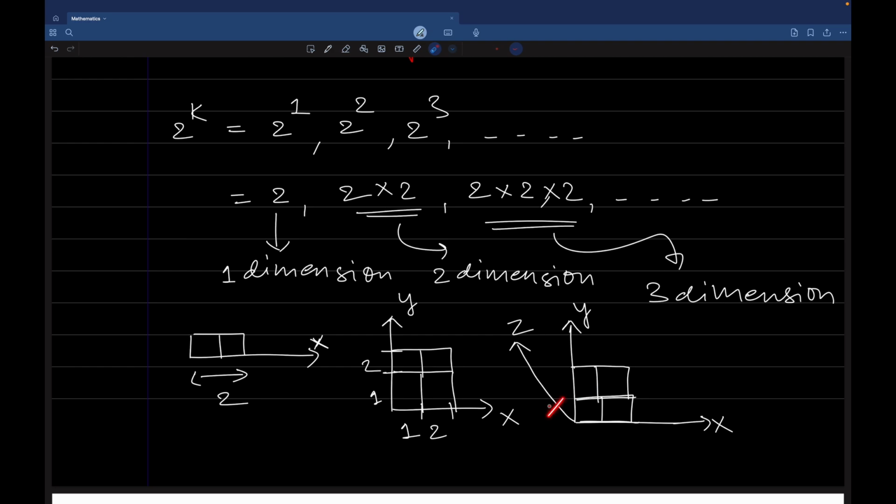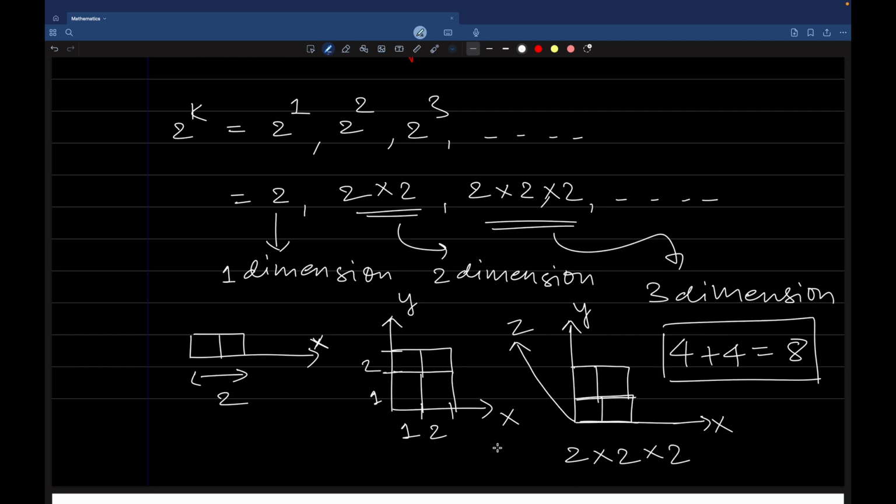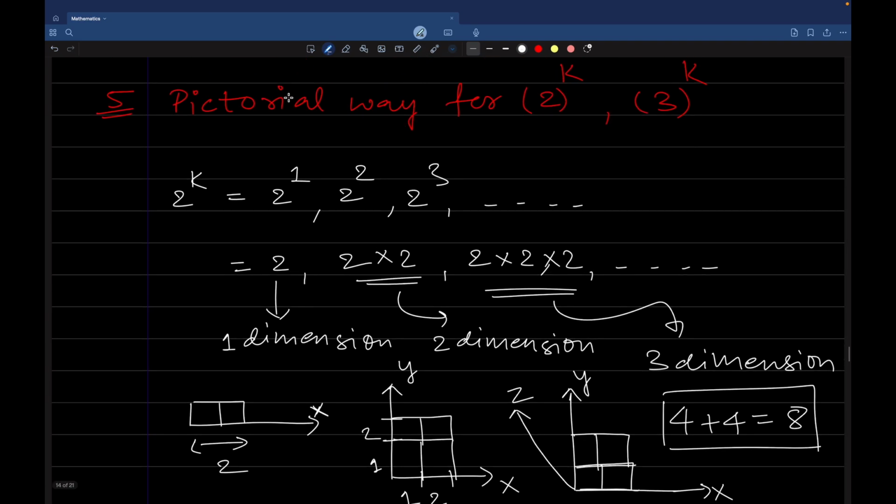That is 2 layers, so it will be 4 plus 4, that is 8 cubes. That is 2 into 2 into 2. Here it is 2 into 2 and here it is 2. These are powers of 2.